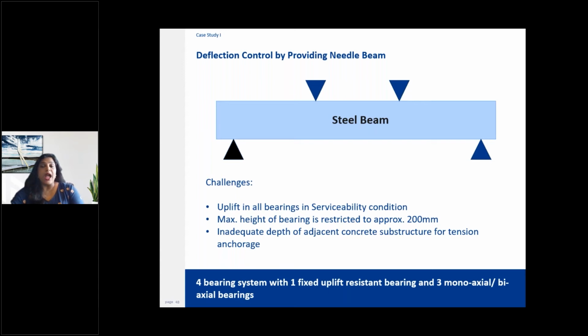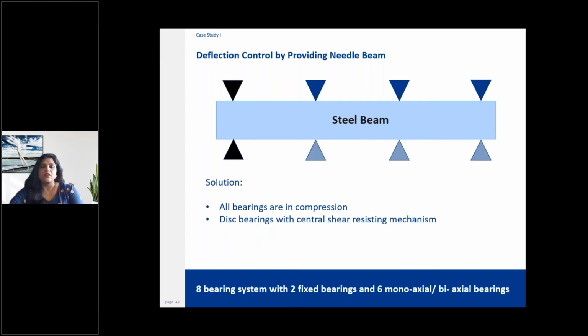Further, the anchorage system in uplift bearings come with tension rods, which cannot be accommodated within the inadequate concrete depth of the adjacent structure. So the issues are plenty.